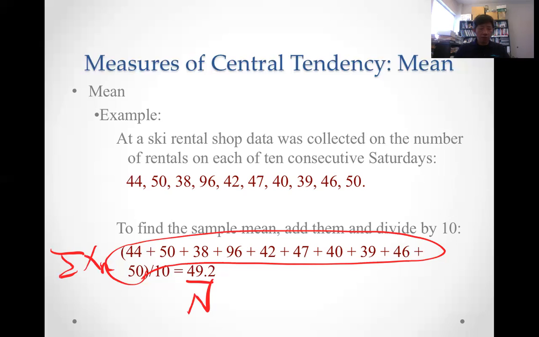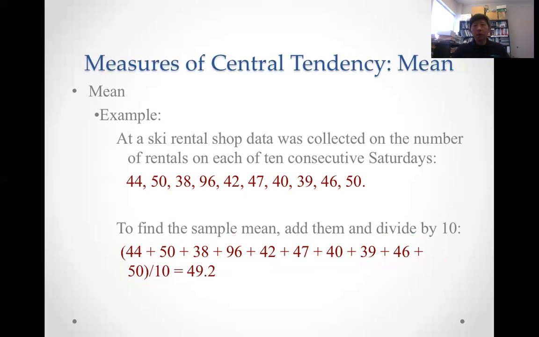And that's how the formula works, okay? Keep in mind, for the mean the keyword is sum. The average: we add together all the numbers and divide by how many numbers there are. So therefore, we have the average.